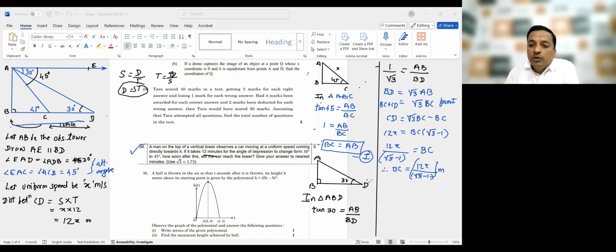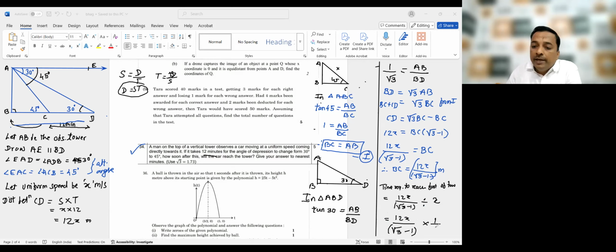So time required to reach the foot of tower, तो क्या आएगा? 12x upon root 3 minus 1 divide by the speed, and already we mentioned that uniform speed is x, तो x हो गया. Take the reciprocal: 12x upon root 3 minus 1 into 1 by x.